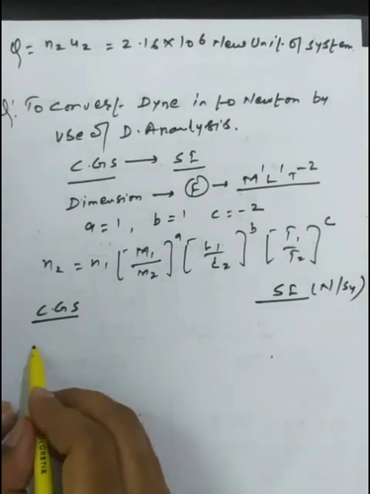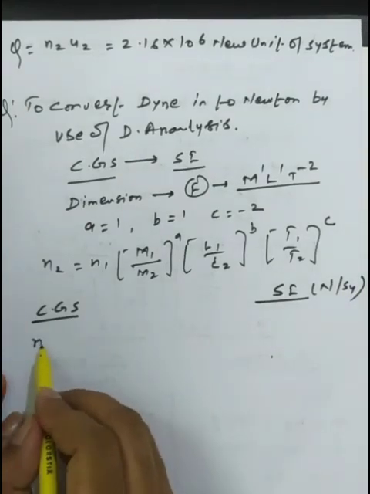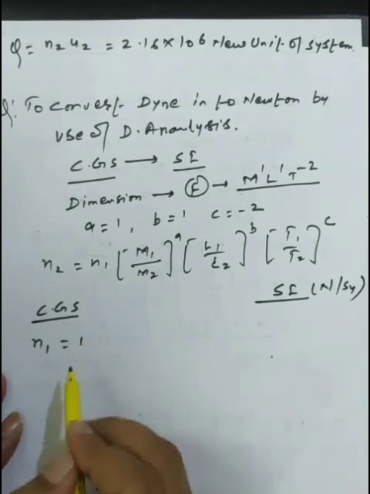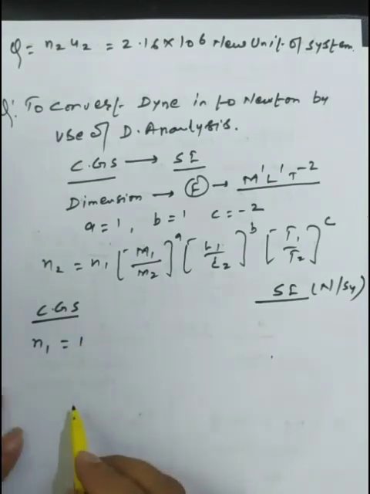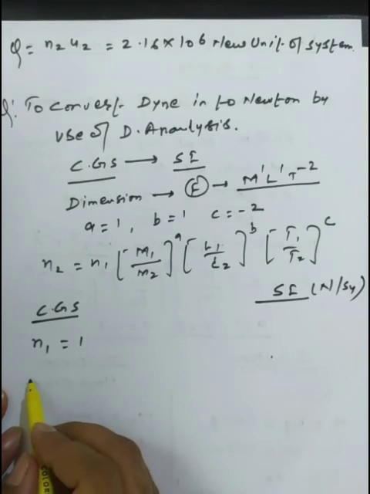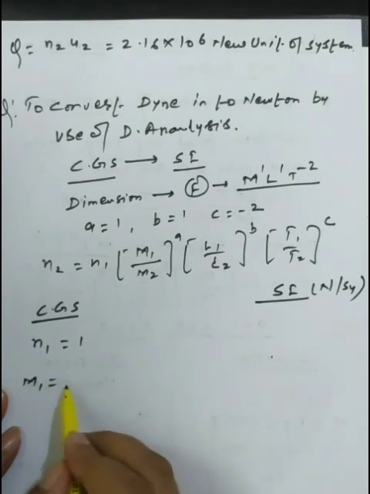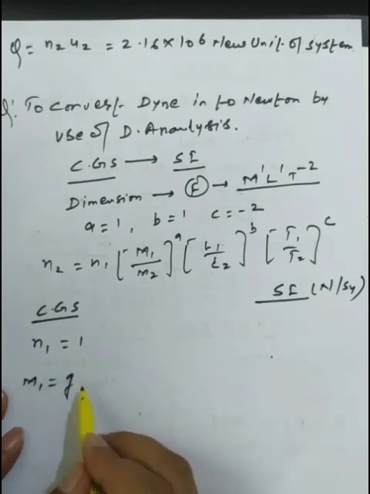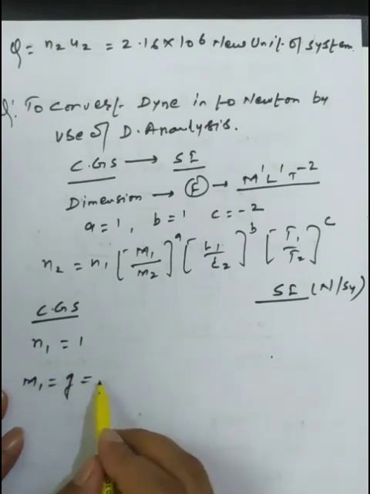In the first system we have N1, that is 1 dyne, because the magnitude is 1. Now we get the reference of the conversion. M1 is available in gram, and we have to convert gram into kilogram.